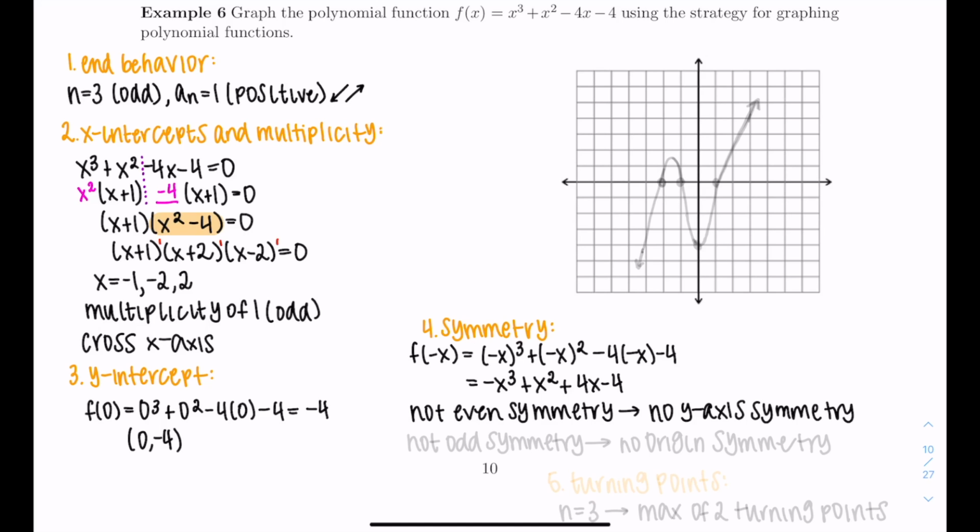Is this the complete opposite of the original function? Which means are the signs different than the original? So x cubed and negative x cubed, that is different, but x squared is positive in both. So because the signs don't differ for every term, then this is not odd symmetry either.